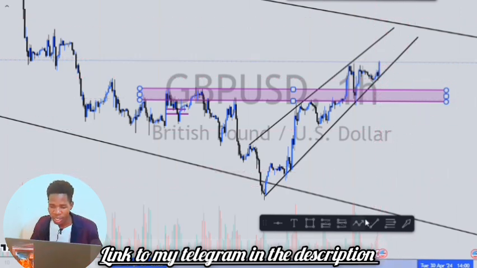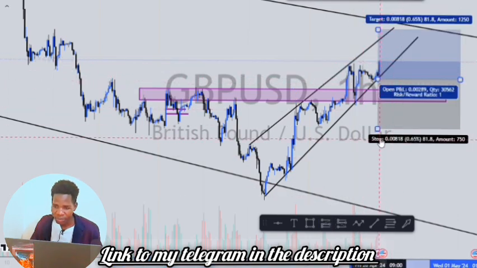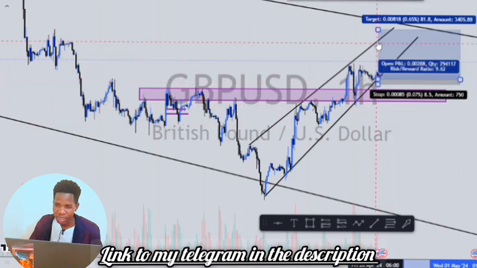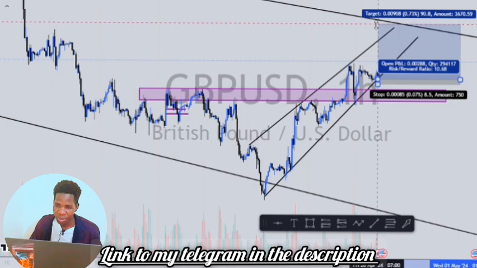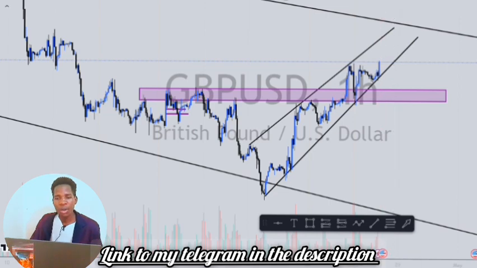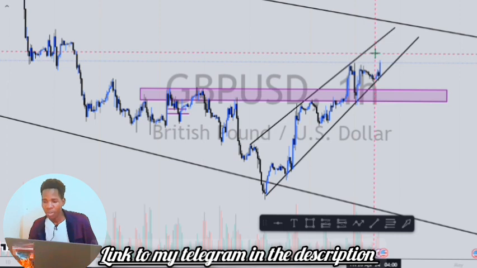So if I were in the market at the right time, I could have got this trade from here to here, and my take profit could be right there. But I am late on this trade, but I'm looking for an opportunity to sell this market.